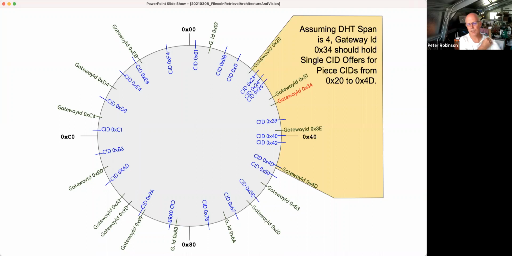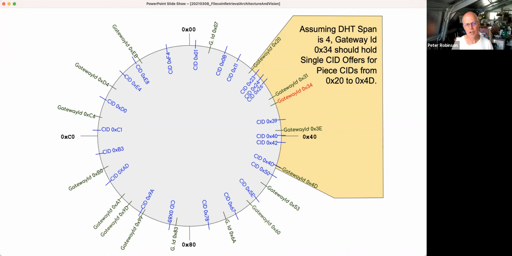And so you can imagine all the content is in blue here. And you might have, say, a gateway, say 0x34, and so its gateway ID is 34. And so what it does is it will hold all of the CID information for a part of the overall ring.